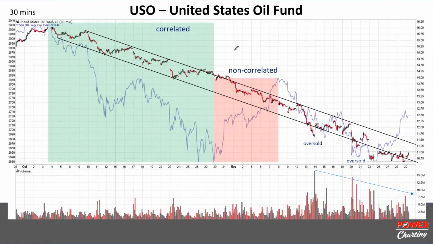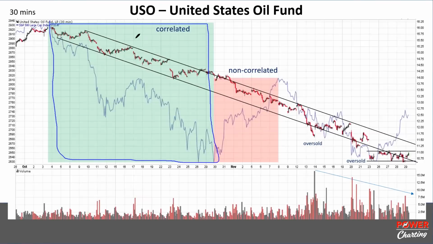Oil is seen as an indication of world growth, and there are a lot of things we could talk about with oil, but whenever we see that growth is slowing down, that's going to be shown on the market indices as well. And look how highly correlated the move to the downside is in both of the instruments in this green box.